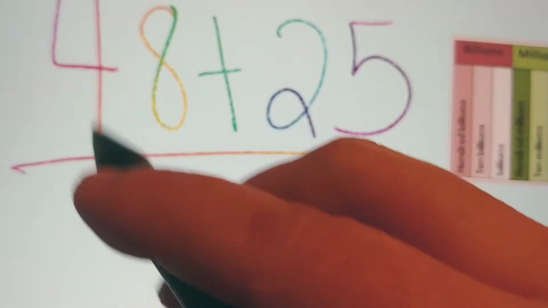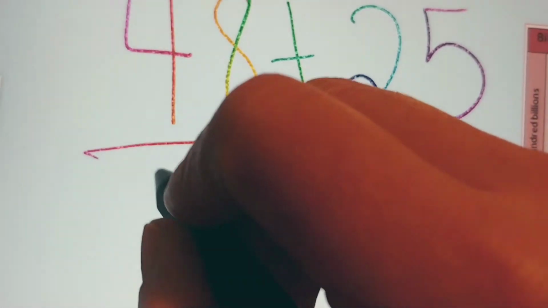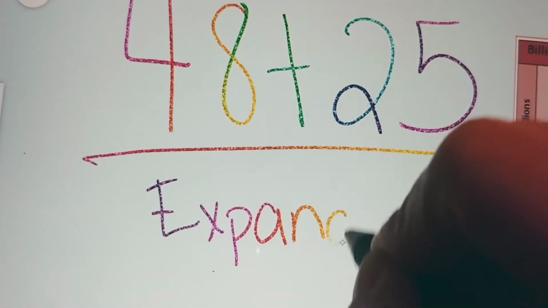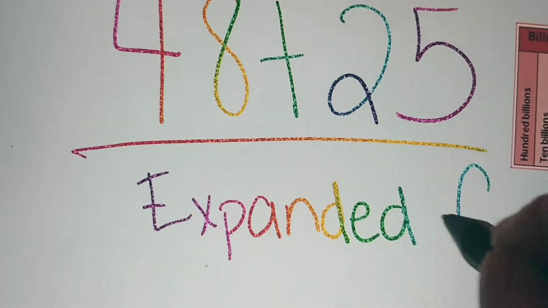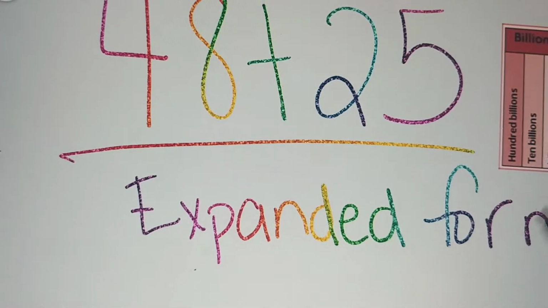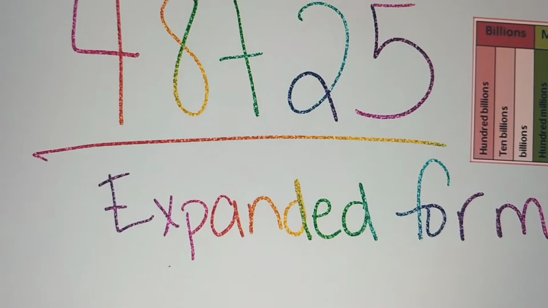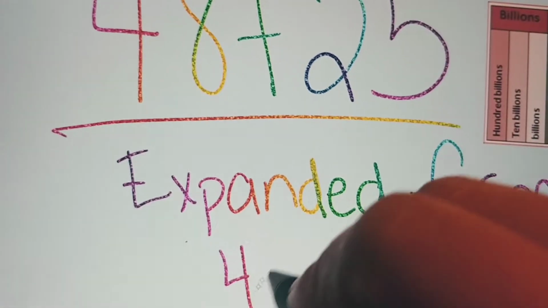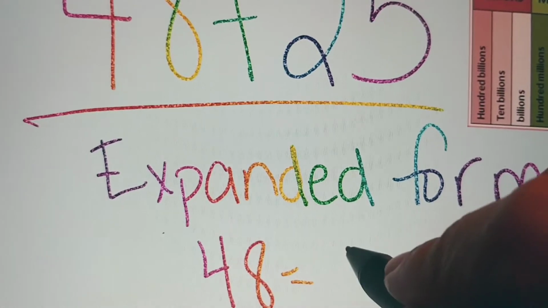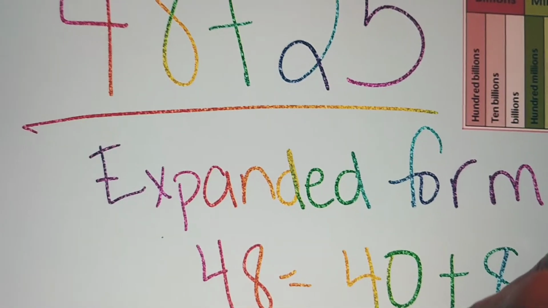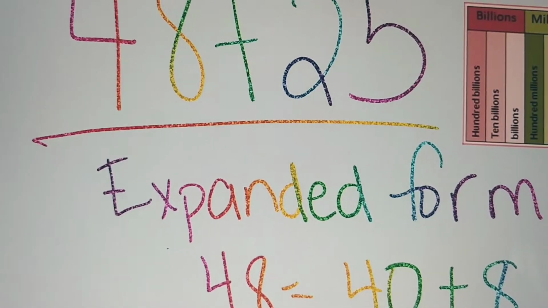I'm going to rewrite these numbers now in what we call expanded form, which means we're writing it with the place value. So we have 48. The 4 is actually worth 40, and the 8 is worth 8. So this means there's 4 tens and 8 ones.